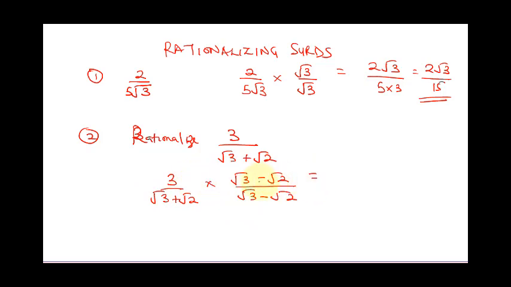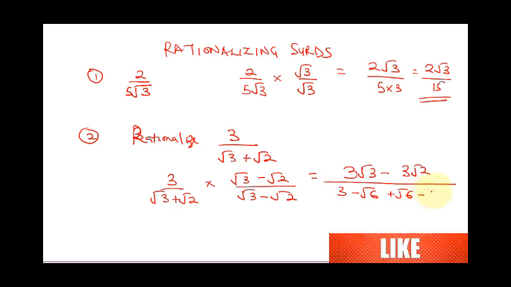Now 3 times root 3 will be 3 root 3, minus 3 root 2, all over root 3 times root 3, which is going to give us 3. Root 3 times root 2 will be minus root 6. We'll now have plus root 6, and plus root 2 times minus root 2 is going to give us minus 2, because root 2 times root 2 gives you 2.